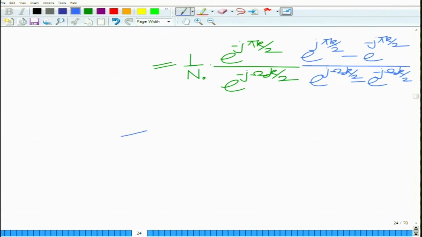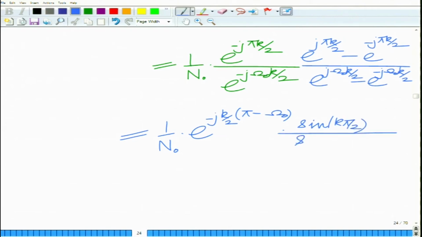Now you can simplify this as 1 over N naught, e raised to minus j k over 2 times pi minus omega naught, times sin of k pi over 2 divided by sin of omega naught k over 2.